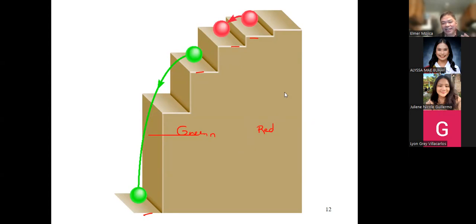So which one has the higher energy level? You have to look at your ROYGBIV. So between green and red, green is the more energetic. And the explanation here: look at the difference here. It's so high compared to the difference here.